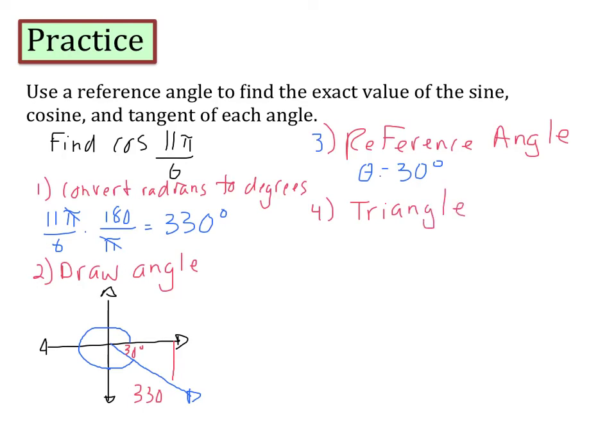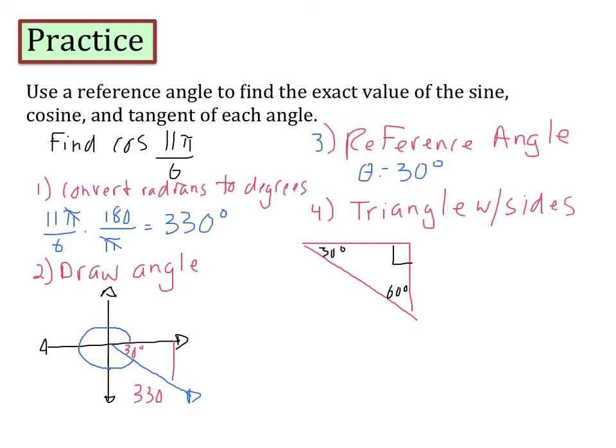And it's going to be a 30, 60, 90 triangle. So our reference angle here was 30. This is our right angle over here. This one's 60.